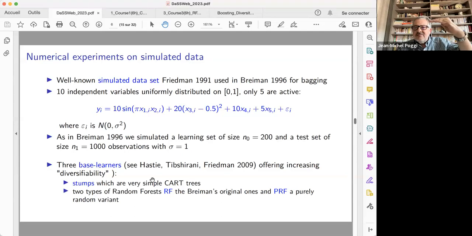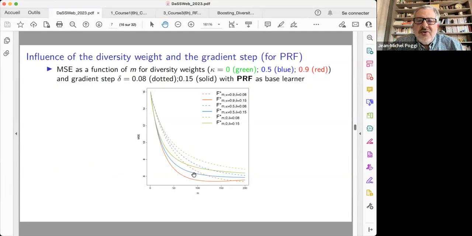You have CART trees, which are much more sophisticated, random forest, and something which seems intuitively more diversifiable, because you could imagine that PRF could give you some additional interest in terms of diversity. So I will now show you some examples.